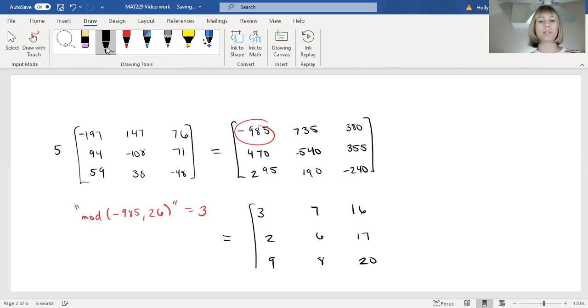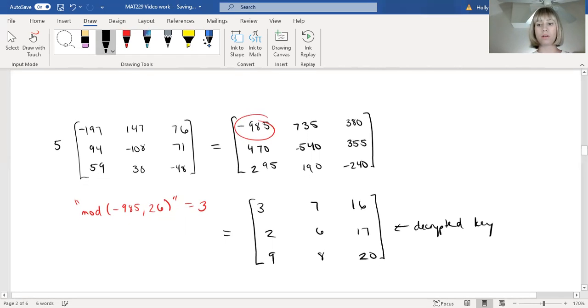And this is your decrypted key, right? Because we did all the Gauss-Jordan elimination, we got the inverse, and we figured out how to map it back to the letters. So this is our decrypted key. Yay, okay, we are almost there.